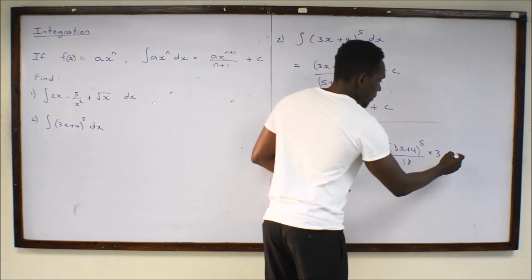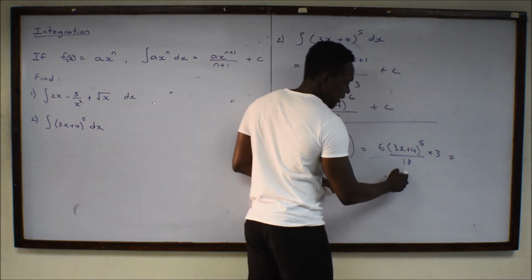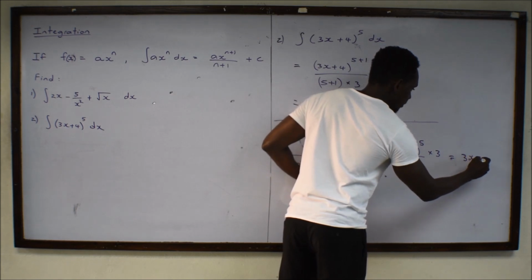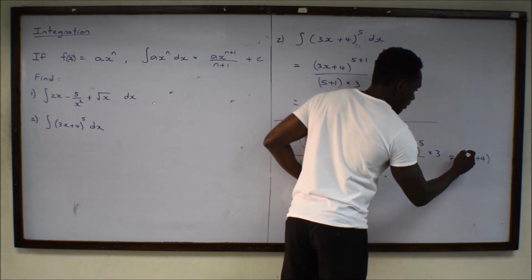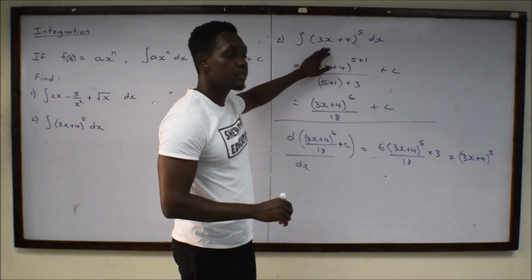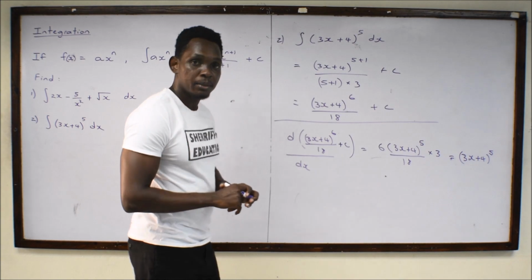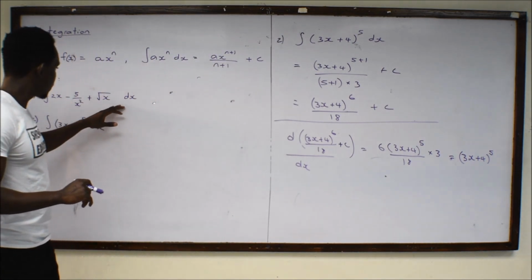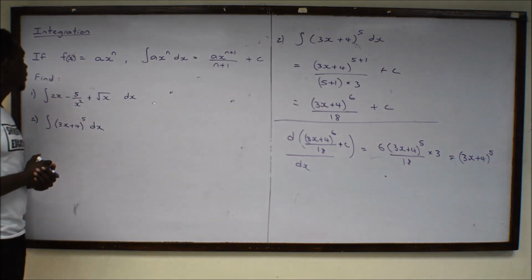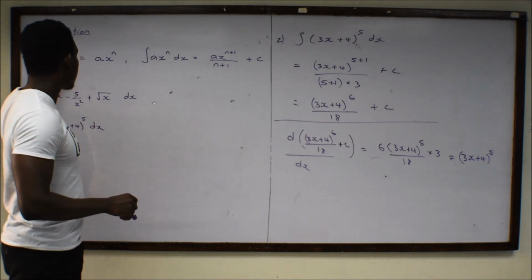So we have 3x plus 4 to the 5th power, which is the original. So there we have it. We did two good examples to introduce you to the idea of integration.